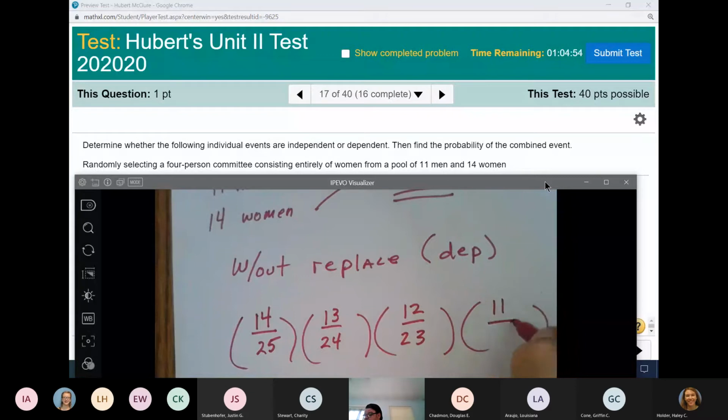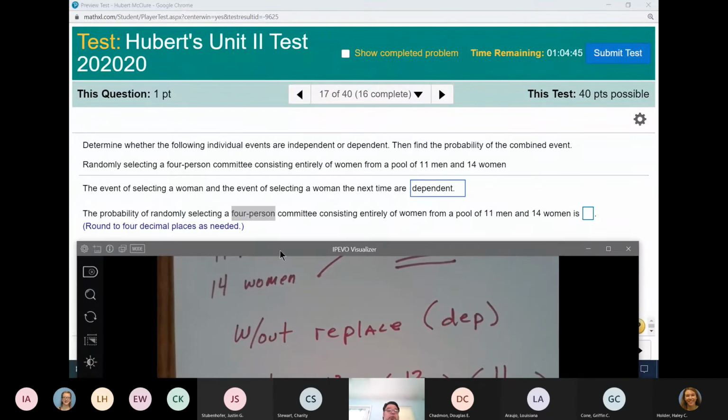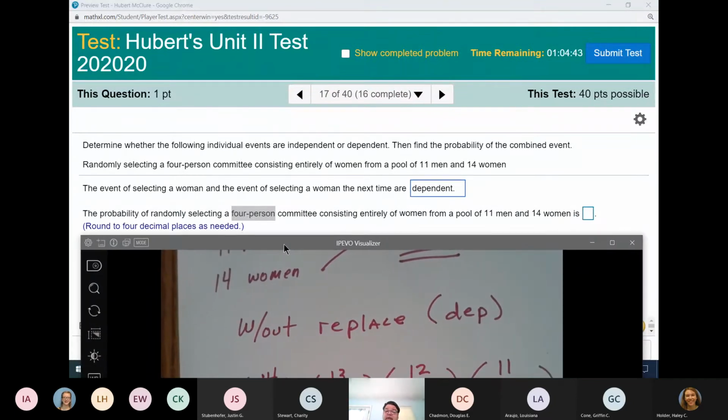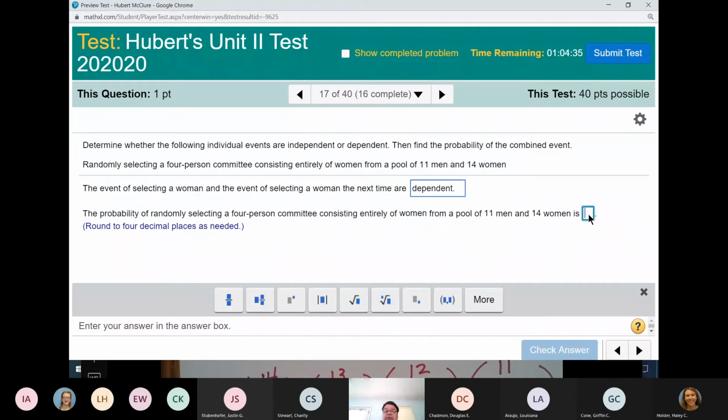And 11 out of what? Now, what do they want? They want a decimal. Round to decimals. There. That's good. So that was already picked. Oh, I highlighted that. Sorry. All right. So somebody give me a decimal and round it to 4 places, please.